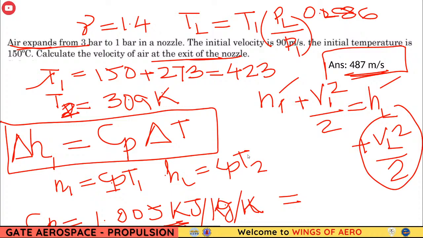See, one more thing to take away. In this question, the question is only two lines. But you see the calculation you have done. First, you have used the isentropic relation.